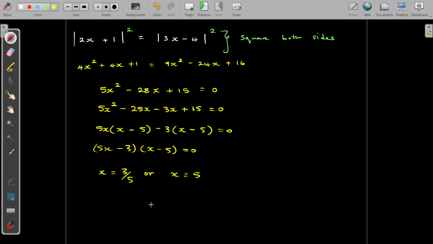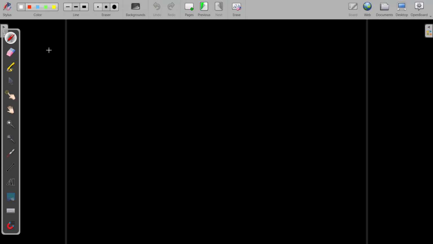Now, of course, the modulus symbol doesn't have to be around the entire equation. Let's look at this one. Find all the values, get back to it. So it was x squared minus 6x plus 8 is equal to 0.